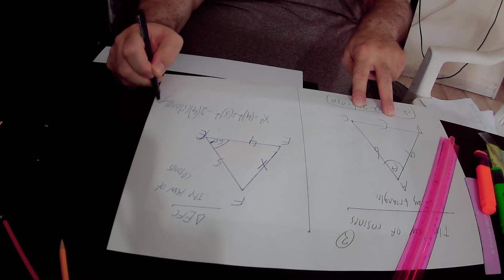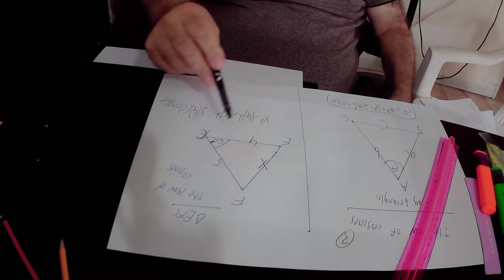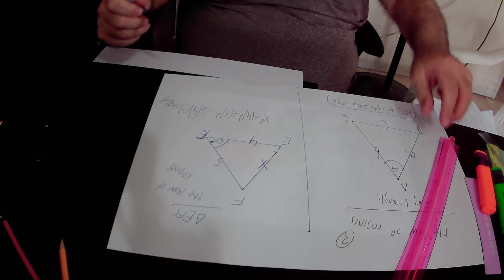I repeat again, according to the law of cosines, we get that in triangle EFC, x squared equals 4 squared plus 5 squared minus 2 times 4 times 5 times cosine 60 degrees.